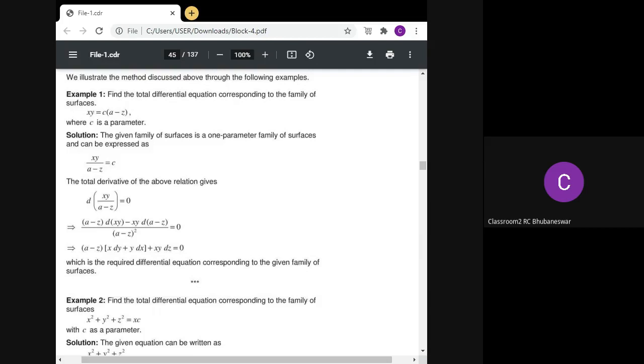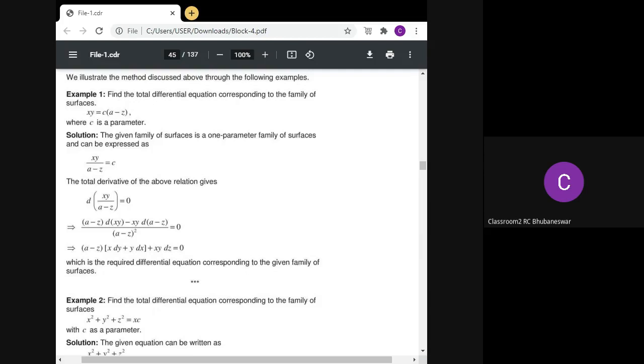Now it can be represented in an easier form: on the left hand side the expression other than the parameter c, and on the right hand side only the parameter c. After expressing the given curve in this form, we calculate the derivative on both sides, and the resulting expression will be the required total differential equation of the given family of surfaces.